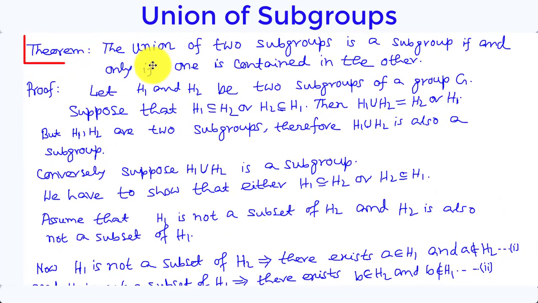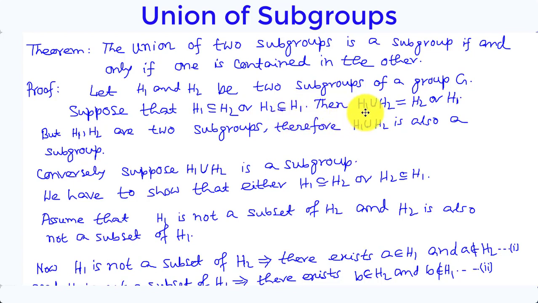Theorem: the union of two subgroups is a subgroup if and only if one is contained in the other. Proof: let H1 and H2 be two subgroups of a group G. Suppose that H1 is contained in H2 or H2 is contained in H1.